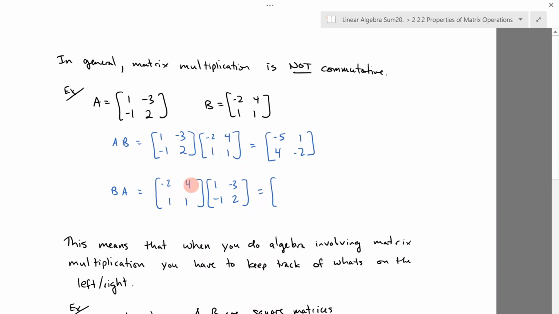So negative 2 minus 4 is negative 6. 6 plus 8 is 14. 1 minus 1 is 0. And negative 3 plus 2 is negative 1. So you can see that these two are not the same.